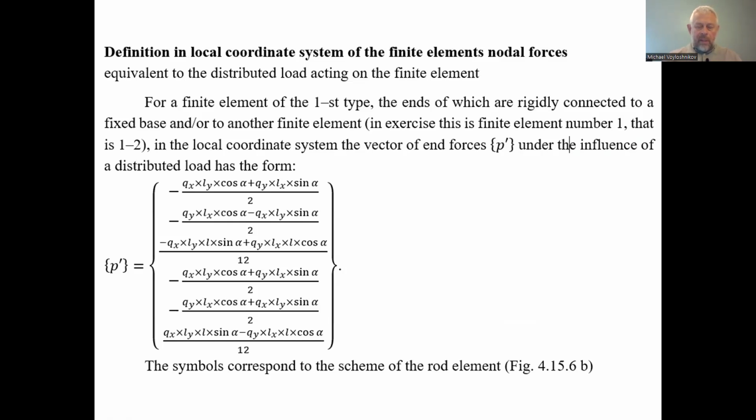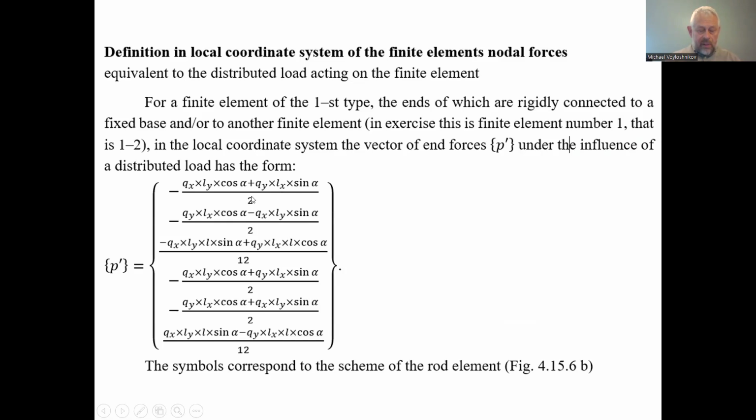So for the finite element of the first type, the element number 1, embedded by both ends to the supports or to the rest of the mechanical system, we have the formulas indicated here. The first is a vector of 6 components.